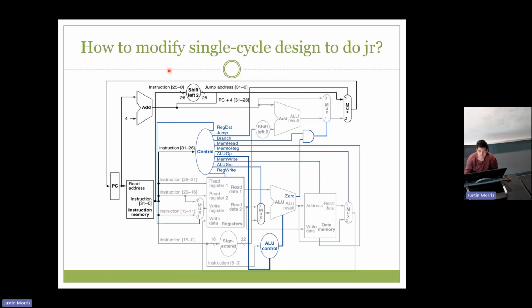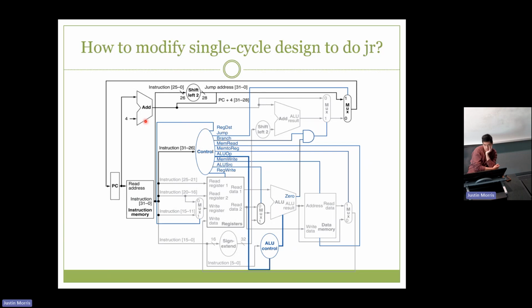And then what about jump register? Do we need to modify the data path? What does jump register do though? It's going to go to the address stored at the, was it 31st register? Well, that's jump and link. Oh, that's jump and link.